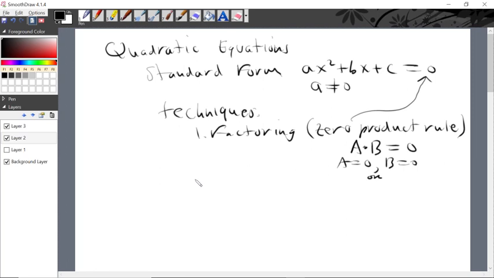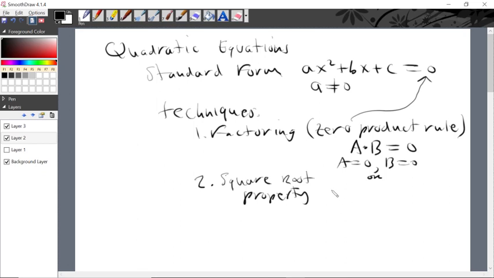The next technique, when factoring may not work, for example, we can move on to using the square root property. That is, you can take the square root of both sides of the equation. The square root property only applies in cases where b is equal to 0.